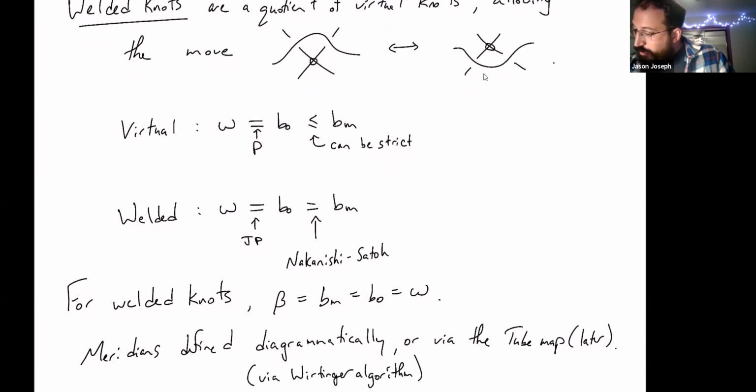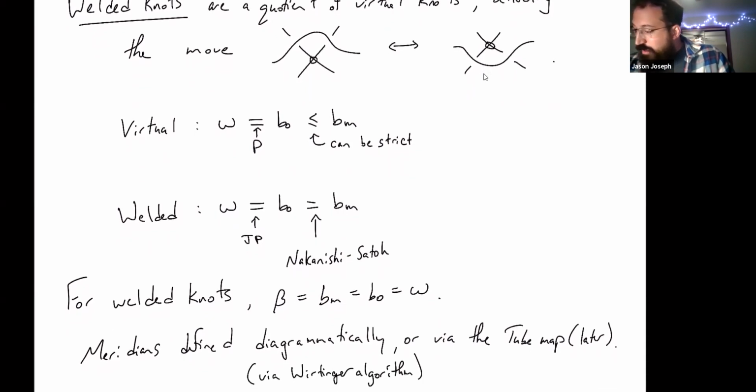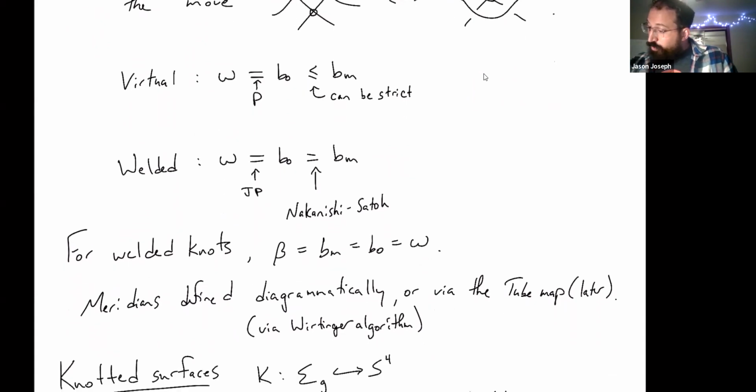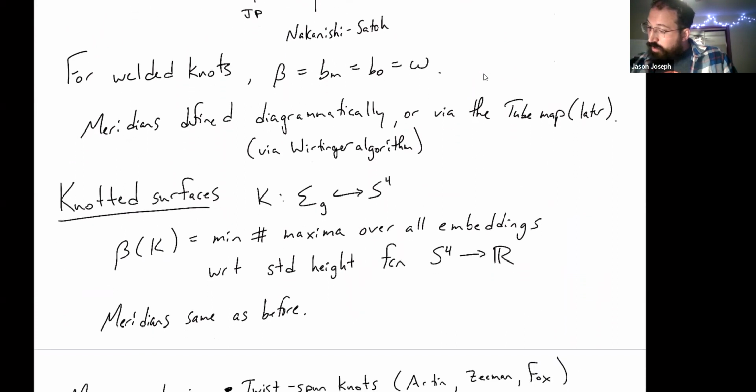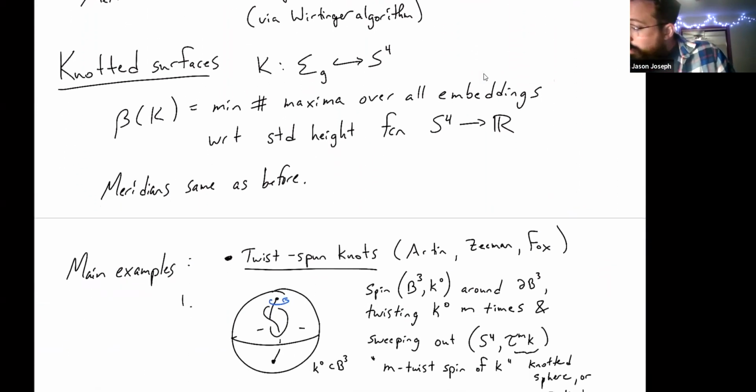What's the meridian of a welded knot? Well, you can define it diagrammatically using the Wirtinger algorithm, or using the tube map, which associates a knotted surface to a welded knot. I'll explain that soon. And so that's it for my welded knot introduction.